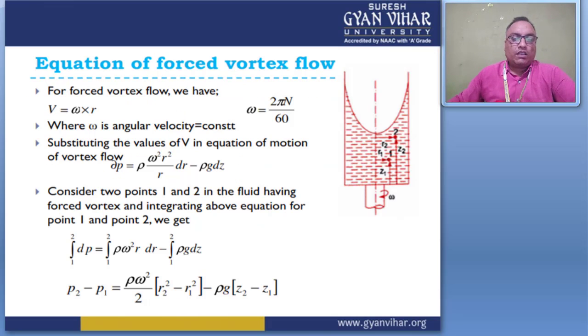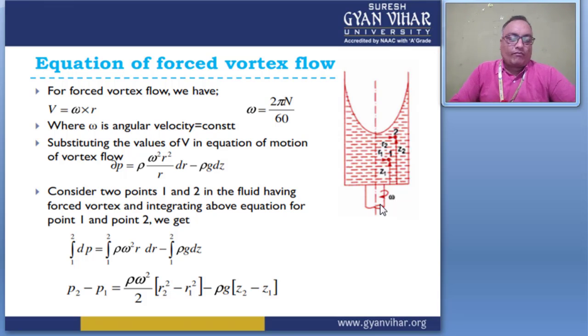In the previous case, we derived the equation for the variation of pressure in a rotational fluid domain in any plane, but that equation belongs to the free vortex flow, and this is the forced vortex flow equation. In this case, the external torque is provided to the body, meaning this fluid domain, by some external devices.